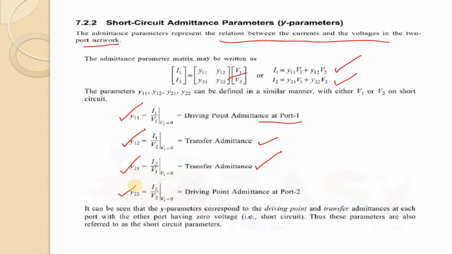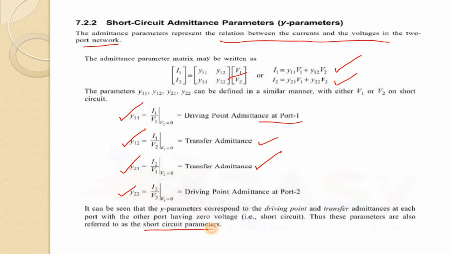So it can be seen that the Y parameters correspond to the driving point and the transfer admittance at each port, with the other port having zero voltage, that is, short circuit. Thus, these parameters are also referred to as short circuit parameters.